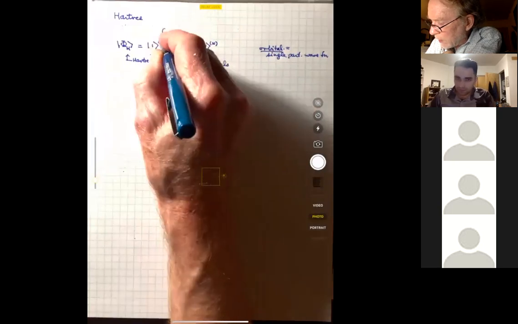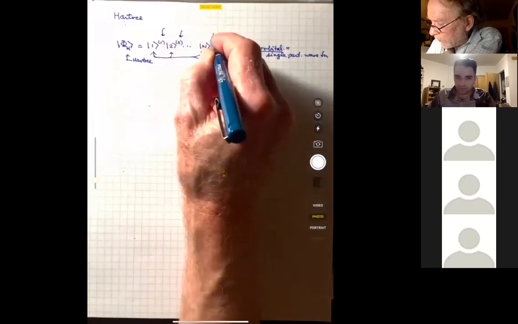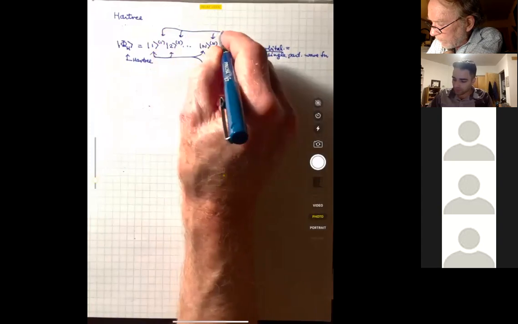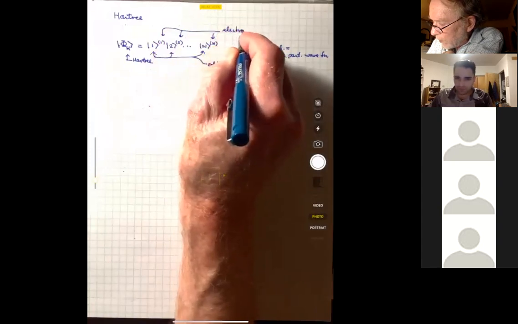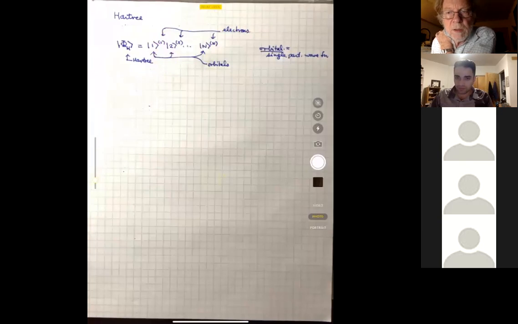Whereas the parenthesized numbers here, we'll let those stand for the electrons. And so the idea of Hartree's trial wave function is that we have made an assignment of certain single particle orbitals to the electrons in some order, and we just multiplied them together to create an n particle state, which is Hartree's state.